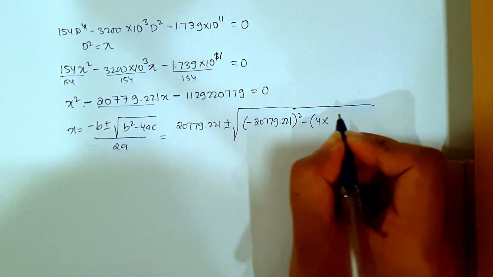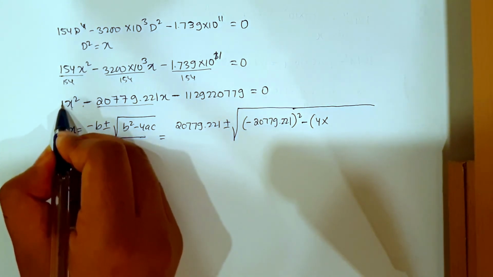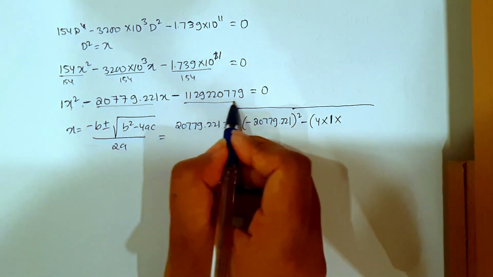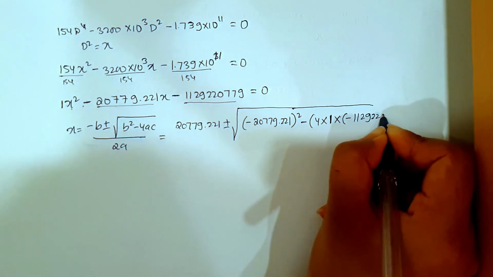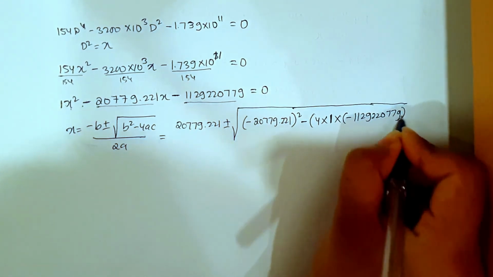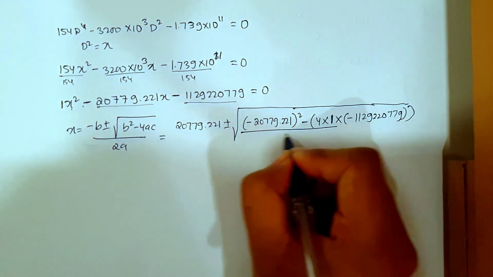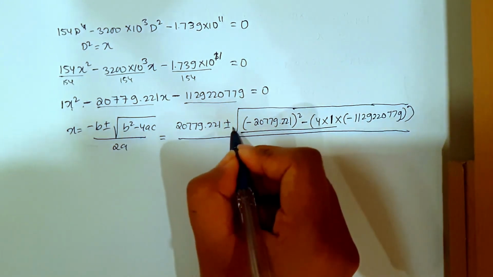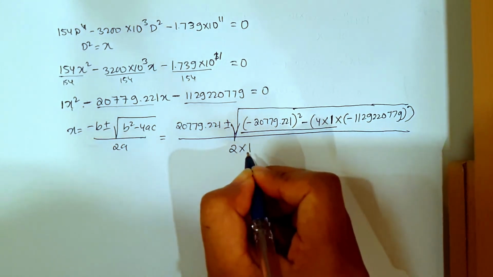minus 4 into a is, since there is no number in front of x, so consider it as 1. So 1 into c is minus 1129220779. So this is c whole square. This is whole square divided by 2a. So 2 into a is 1.